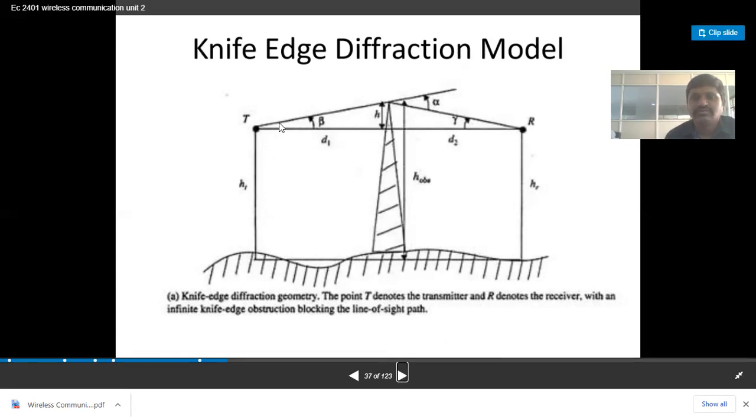Between the transmitted ray and the obstacle tip, a height h is there, and angles alpha and gamma at the receiver. Between the obstacle and the transmitter is distance d1, and between the obstacle and the receiver is distance d2.